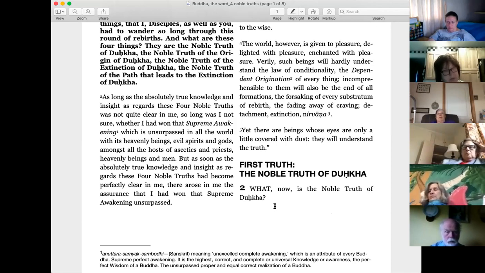But that's a problem, because what the Buddha included under dukkha were more than just suffering. There's a lot of things that can be considered dukkha. And I like the choice of that word.